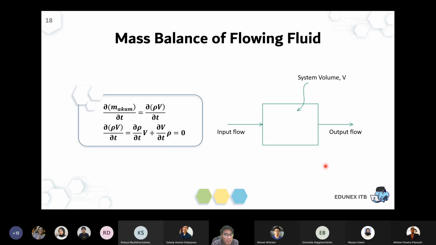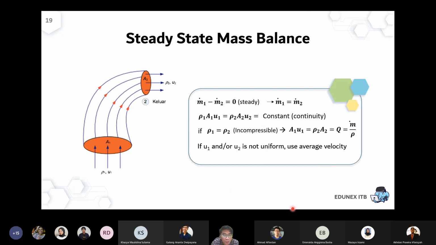Yeah, we call it the continuity equation. Like the fluid flowing from one end of the pipe goes to another end of the pipe. Then what we can say about this flow is the mass flow rate will be equal at every point.